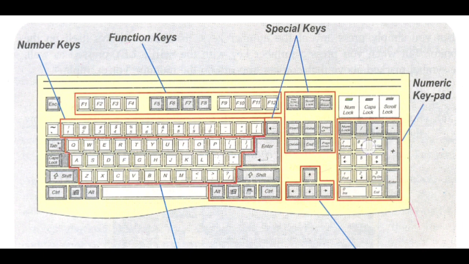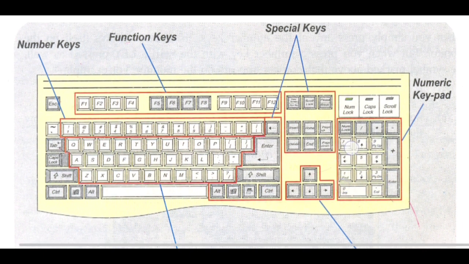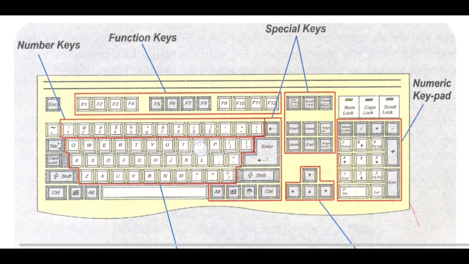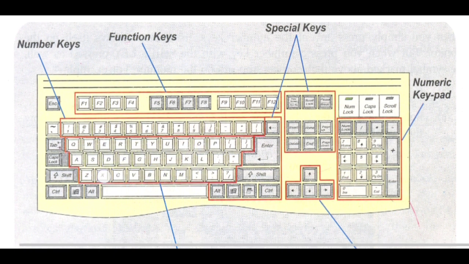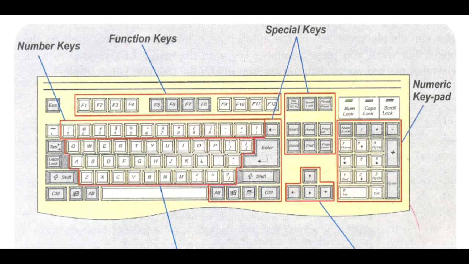Those are the numeric keys. Those all are numeric keys. Those are the ampersand number keys. Those all are what we call alphabet keys. Those are arrow keys.